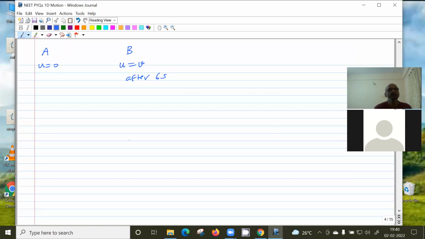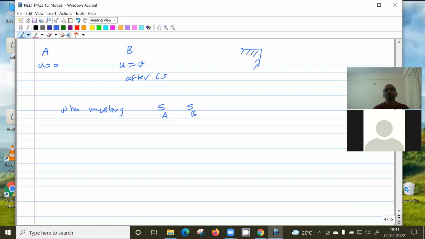So when they are meeting, what is equal for both of them? Velocity. Why should it be same? What about the displacement, the distance they have covered? How are they related? Vertical distance.